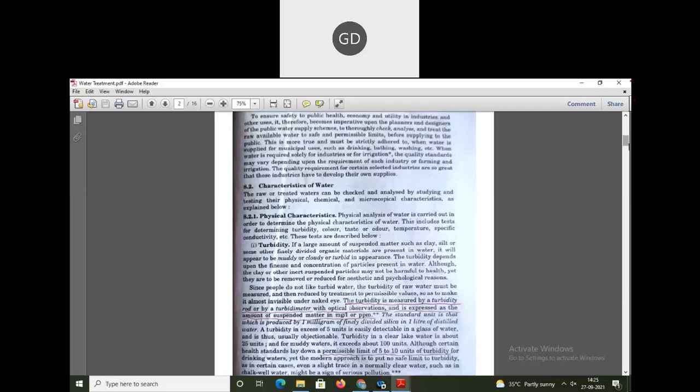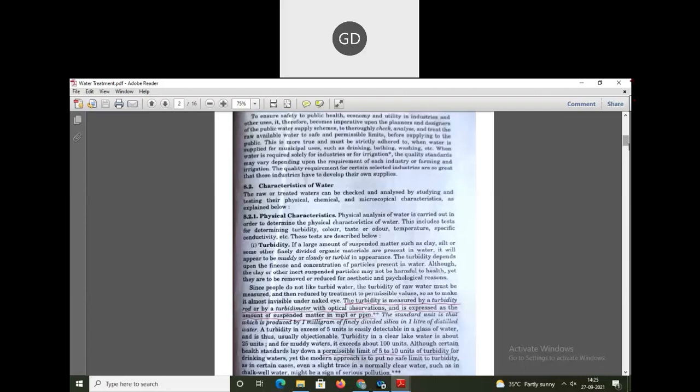These are divided into certain terms. Number one is turbidity, then color, then taste or odor, then temperature, and then specific conductivity. All these five are physical characteristics, which you can either see, taste, or feel.